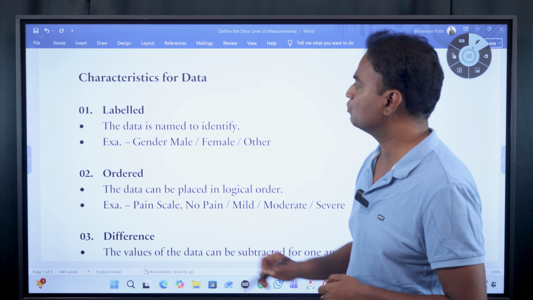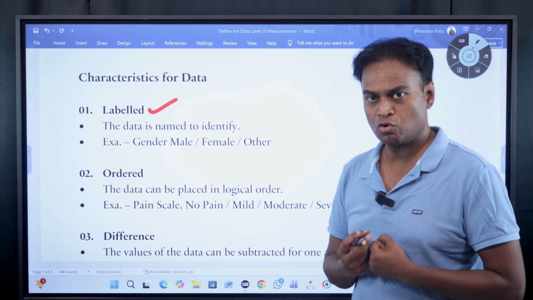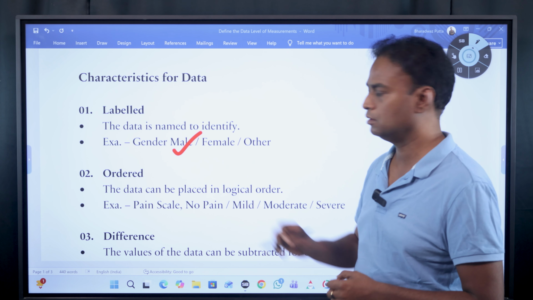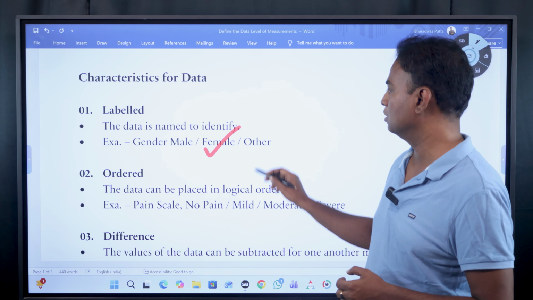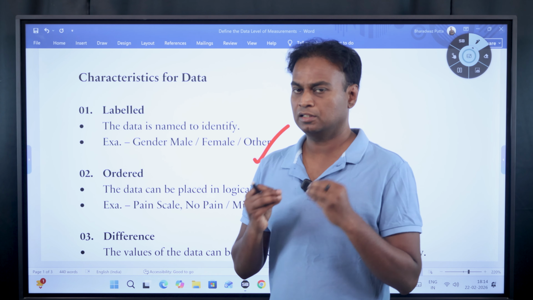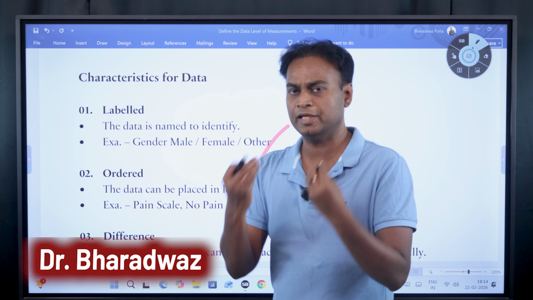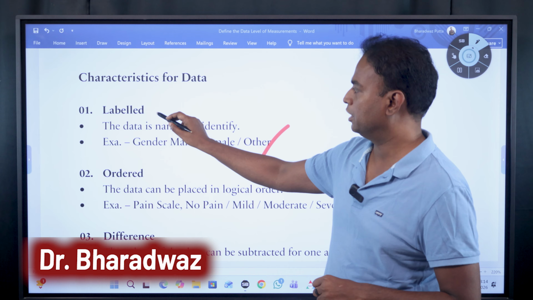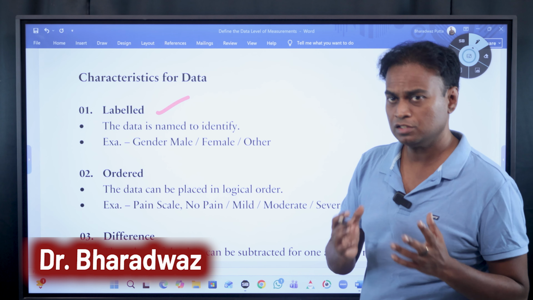The best medical example: if a patient walks in, you can label him whether he is a male or a female or another gender. You are just giving the label, right? That is labeling a data. If you can give a name or a label, that property is known as labeled. Okay. Next one is ordered.